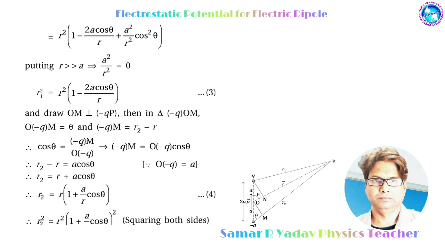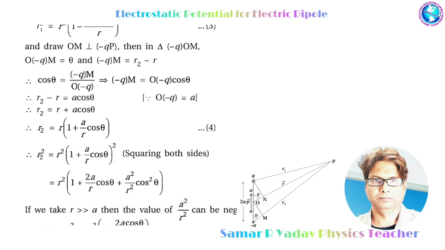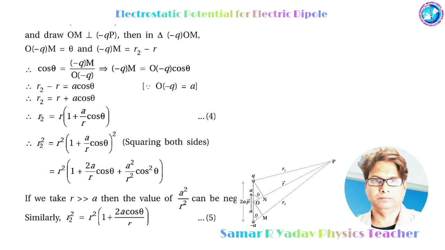Therefore r2 - r = a cos theta, where O minus Q = a. Therefore r2 = r + a cos theta. Therefore r2 = r(1 + (a/r) cos theta), equation number 4.